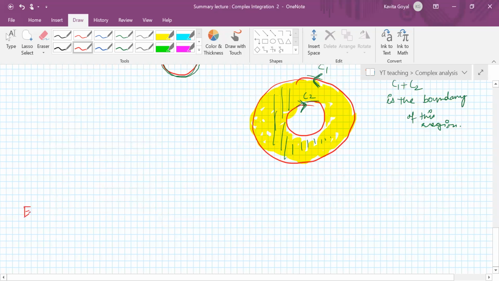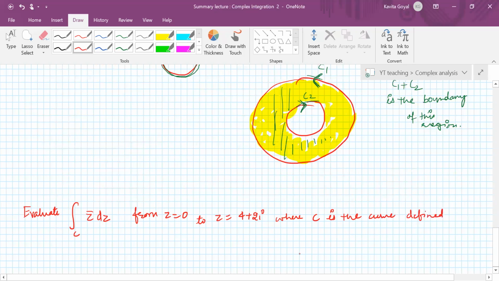Evaluate the integral along C of z bar dz from z equal to 0 to z equal to 4 plus 2i, where C is the curve defined as z equal to t squared plus i t.